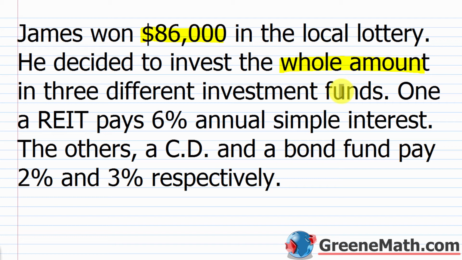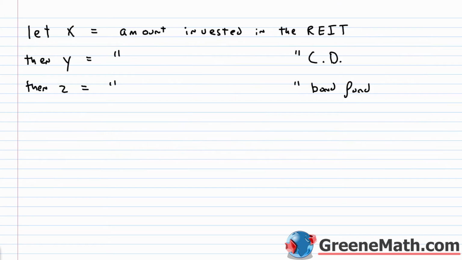So that tells me that if I sum X, Y, and Z, that's going to be 86,000. So for equation 1, X plus Y plus Z is going to be equal to 86,000. And again, that's straight from the problem. The amount invested in the REIT plus the amount invested in the CD plus the amount invested in the bond fund, because he only puts money in those 3 areas, is going to sum to $86,000.